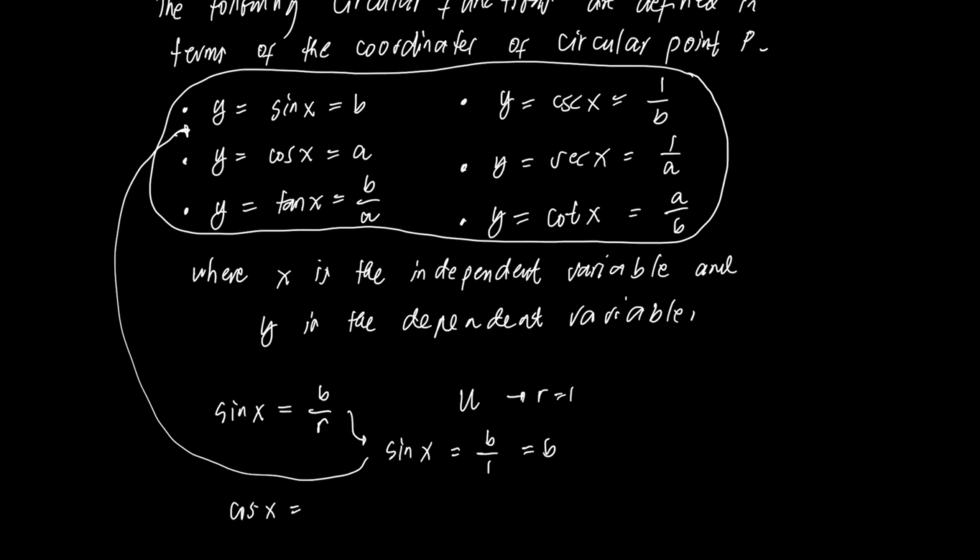Same with cos x: in the trig functions of real numbers it is a over r, and in the unit circle, since r equals 1, this is a over 1, or a. And this is now our y equals cos x equals a. Same with the other 4 functions, the tan x, the cosecant x, the secant x, and the cotangent x.